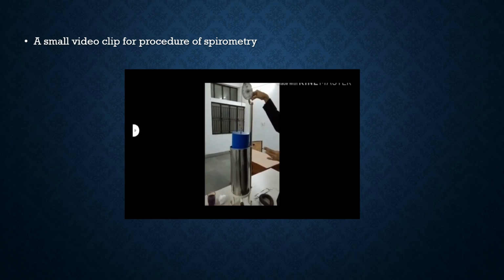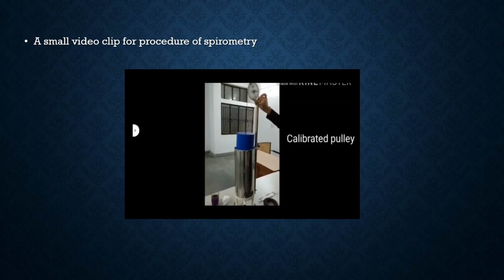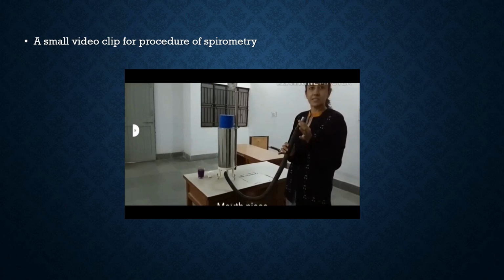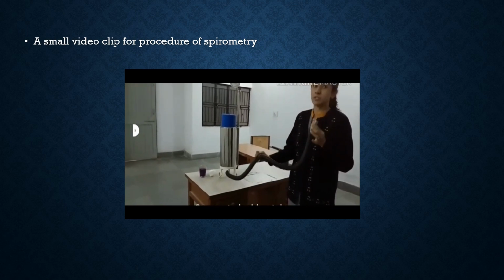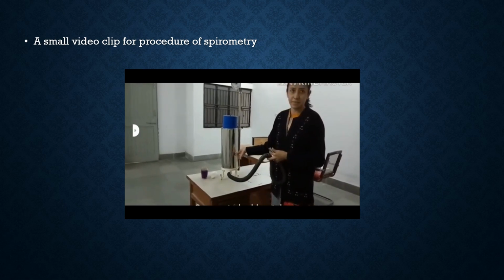The pulley is calibrated, and the markings are from 0 to 6500, with a pointer which indicates the reading we are obtaining during the measurement. It also has a mouthpiece and a corrugated rubber tube which is connected with the inner cylinder.